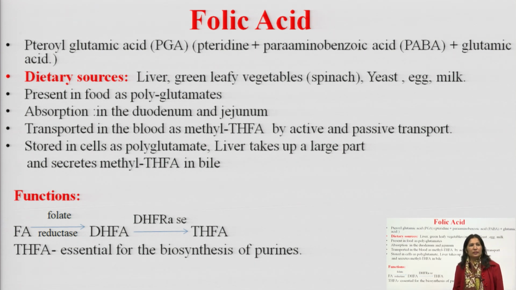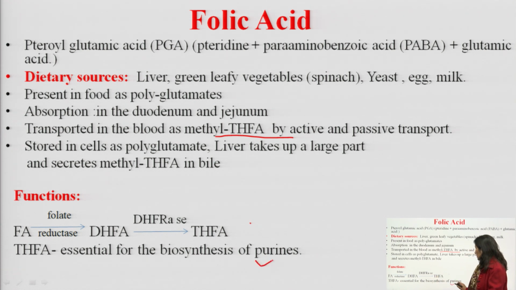Dietary sources are liver, green leafy vegetables, spinach, yeast, egg and milk. It is present in food as polyglutamates, absorbed in the duodenum and jejunum, and transported in the blood as methyl tetrahydrofolic acid by active and passive transport, and stored in the cell as polyglutamate. The liver takes up large parts and secretes methyl tetrahydrofolic acid in the bile.